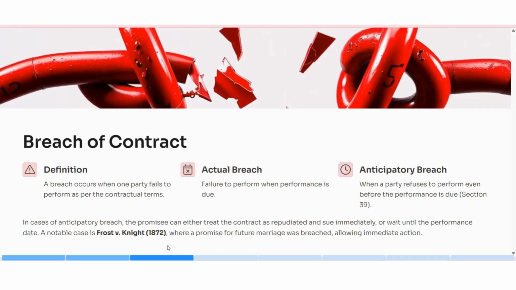In cases of anticipatory breach, the promisee can either treat the contract as repudiated and sue immediately, or wait until the performance date. A notable case is Frost versus Knight, where a promise for future marriage was breached, allowing immediate action.